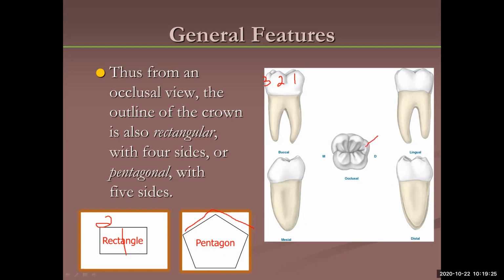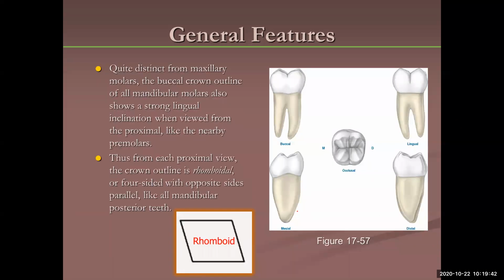Got it? This is that distal cusp. And it is pentagon in shape, 5 sides. Versus a mandibular second molar, which is more rhomboid in shape. It's got 4 cusps.